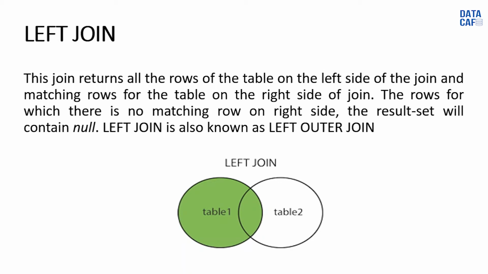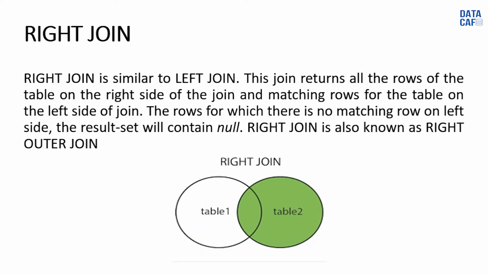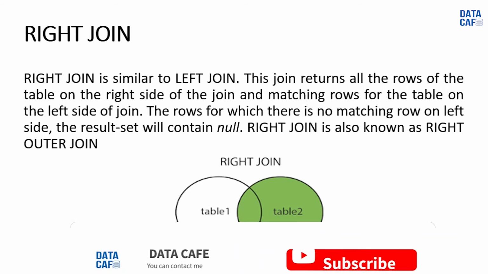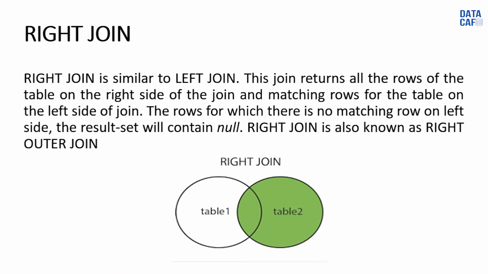Next we will see what is right join. The right join is basically very simple. It's the opposite of the left join. The right join is similar to the left join. This join returns all the rows of the table on the right side of the join and matching rows from the table on the left side of the join.